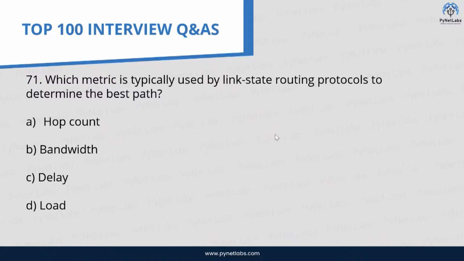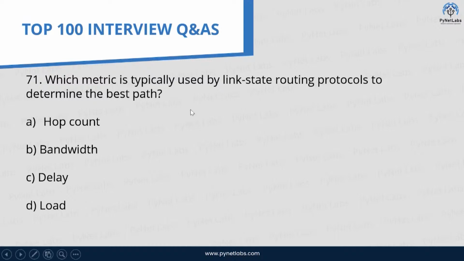But technically we say bandwidth, because while bandwidth is indeed a common metric used by these protocols, it is not the only one. Other metrics like delay, which measures the time it takes a packet to traverse a link, can also be considered, so the correct answer depends on the specific routing protocol and its configuration. As per this, the correct answer is option B.